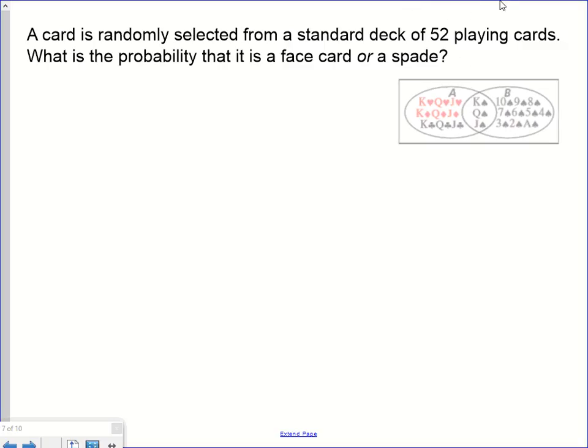So let's look at what that Venn diagram would look like. Event A, drawing a face card, has all the kings, queens, and jacks in it. Event B, drawing a spade, has all the spades in it. But then I put those face cards that are spades, that are in both event A and B, in the overlapping section. So this is an overlapping event.